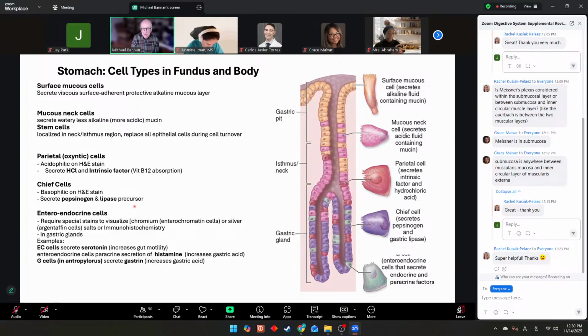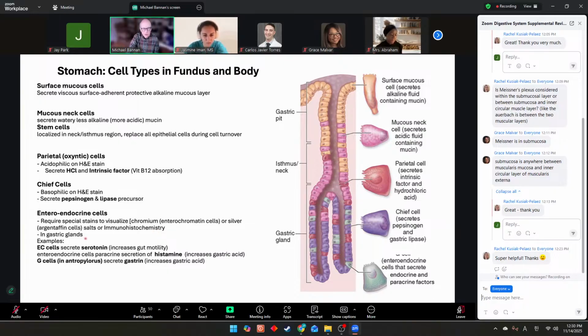So we call it an enterochromaffin cell because they're cells associated with the intestine that have an affinity for chromium salts. So enterochromaffin is the name that we give those cells. Actually, that's misspelled on the slide. It's chromaffin, not chromatin. And then argentaffin cells are cells that have an affinity for silver. We can also identify these cells by staining them with immunohistochemical techniques for their product.